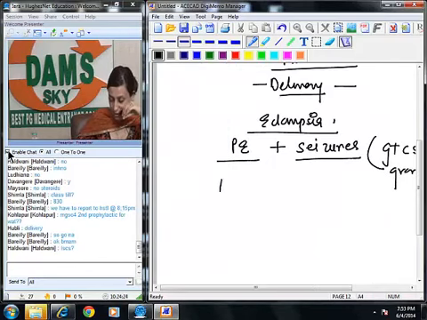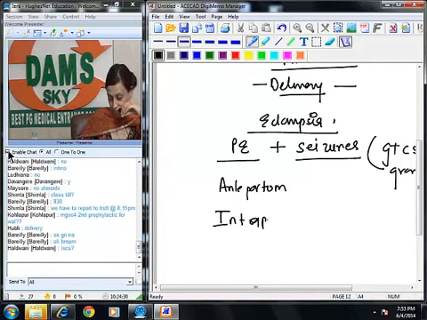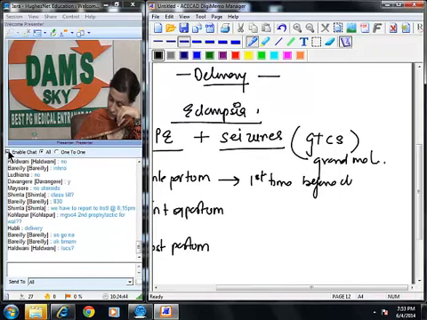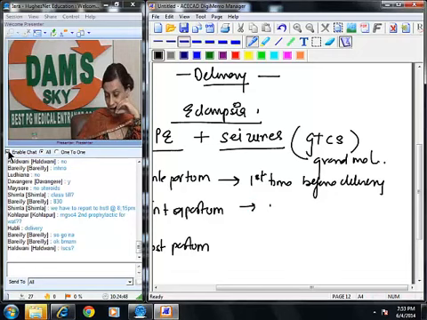The seizures are divided into antepartum, intrapartum, and postpartum. You call them antepartum seizures if they occur for the first time before delivery. Intrapartum if the seizures occur for the first time during labor or delivery.